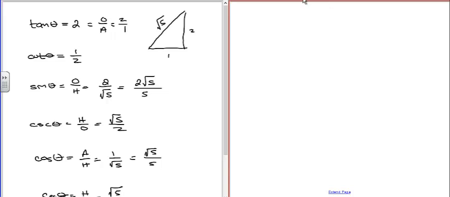So if you get, you know, the sine of 60 degrees equals the square root of 3 over 2, and the tangent of 60 degrees is square root of 3, then they might ask you for the other things.